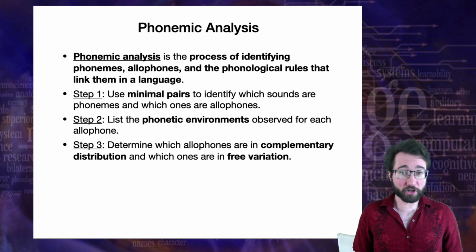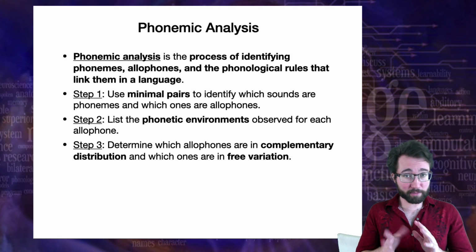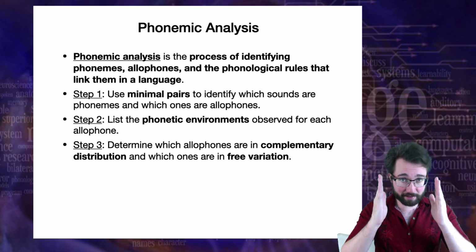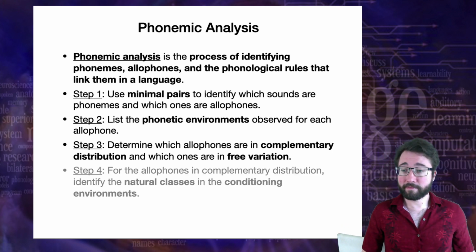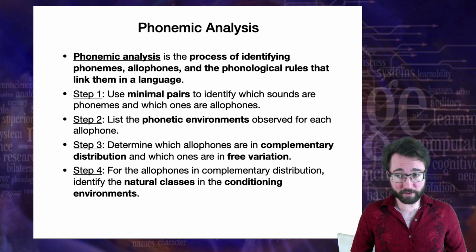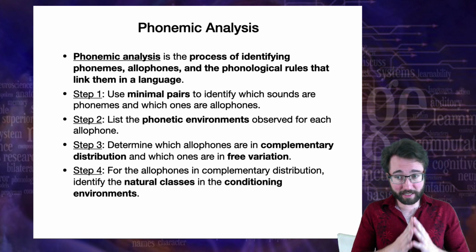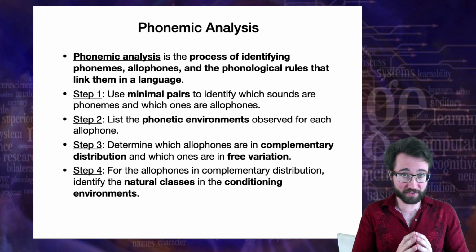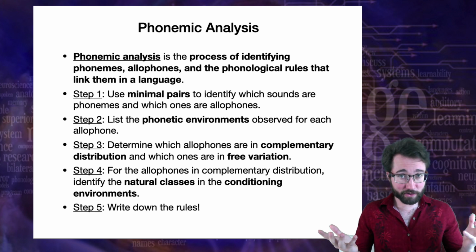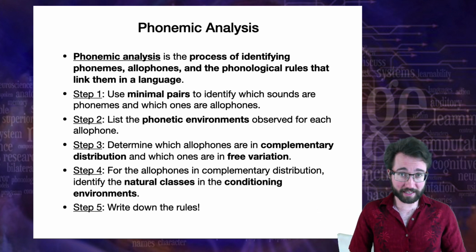Next, you determine which allophones are in complementary distribution and which ones are in free variation, based on that list of phonetic environments. Next, for the allophones that are in complementary distribution, you identify the natural classes in the conditioning environments for those allophones. Lastly, you write down the rules using those natural classes.